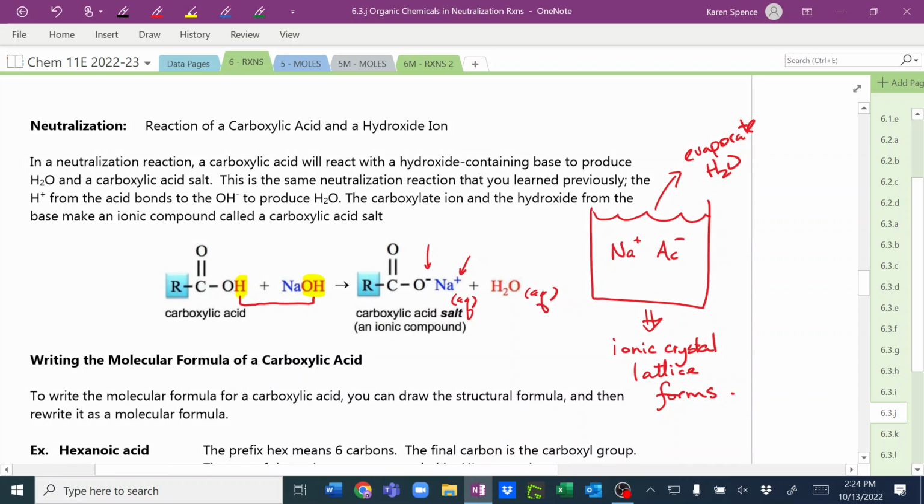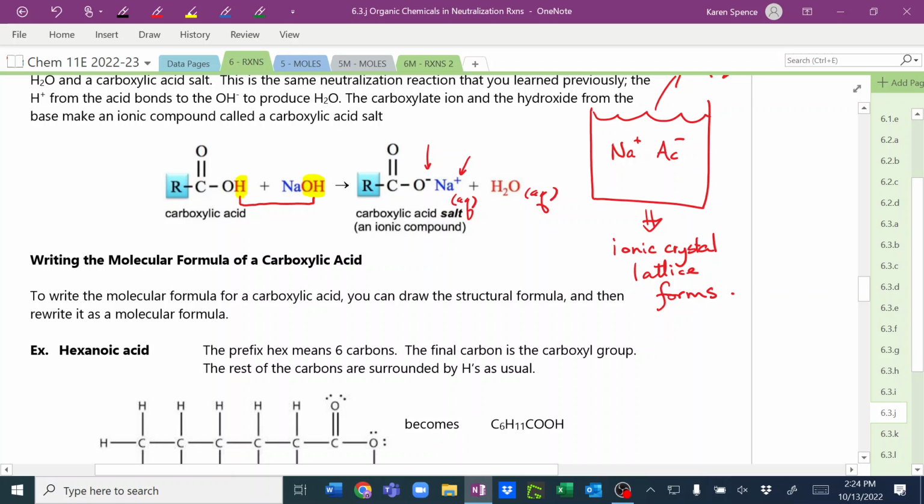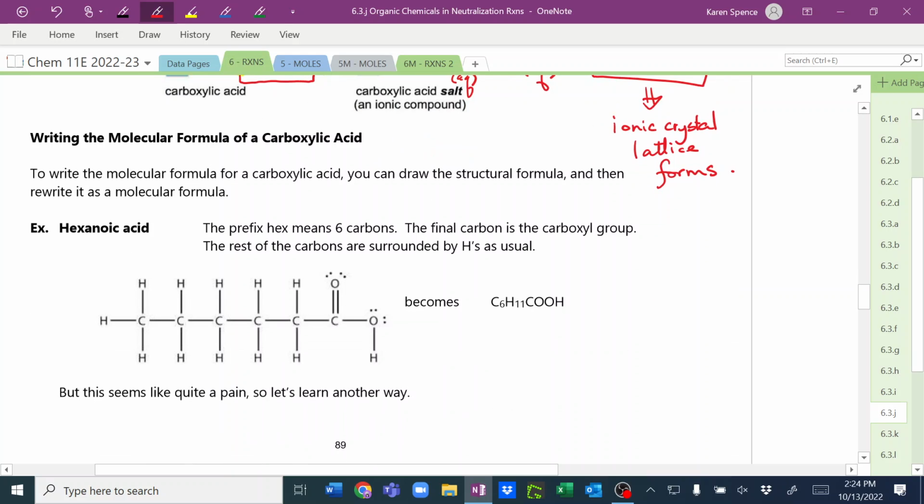Okay? So, writing the molecular formula. I don't know how important it is that you can do this, but if we have, say, hexanoic acid, you can say, okay, hexanoic means I got 1, 2, 3, 4, 5, 6 carbons, yes? And I know that that final carbon has a COOH on it, yes? So I can ignore that one.